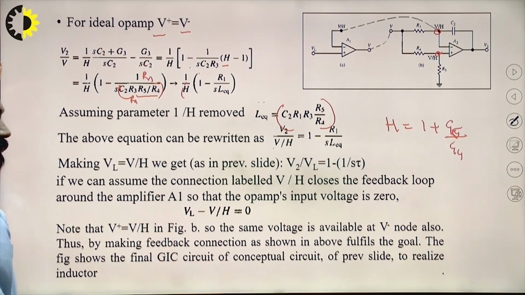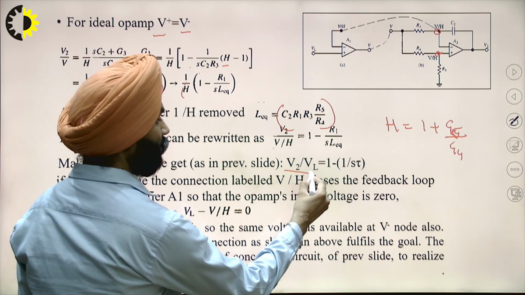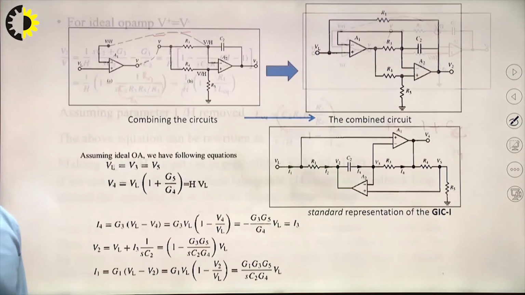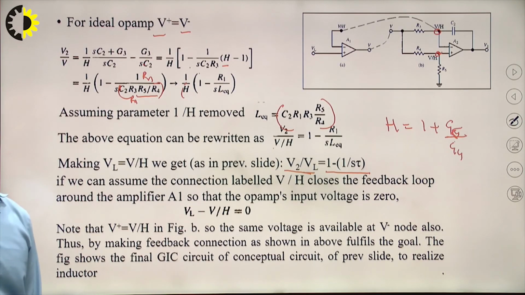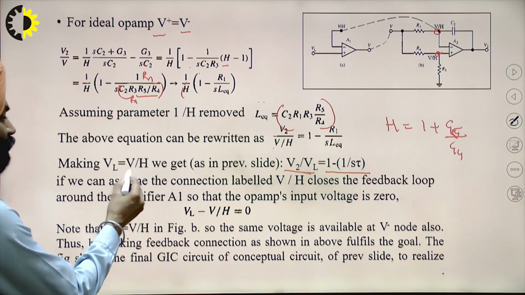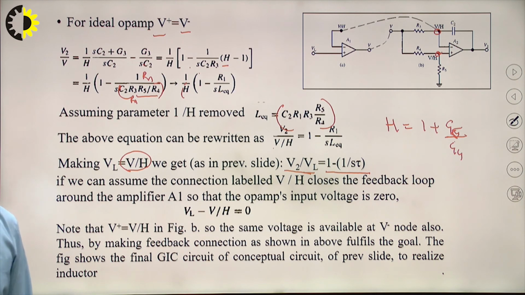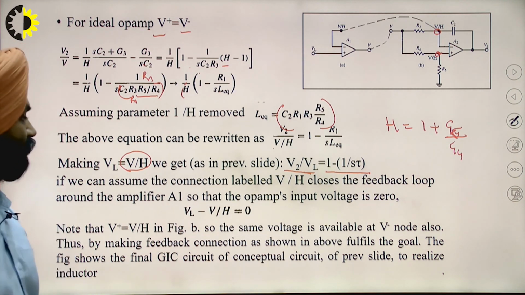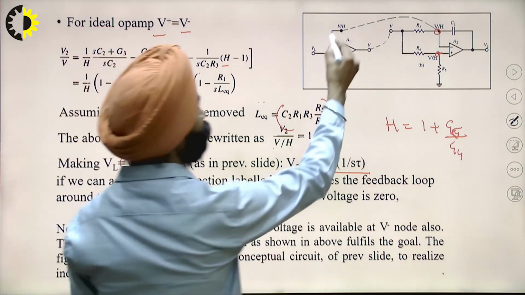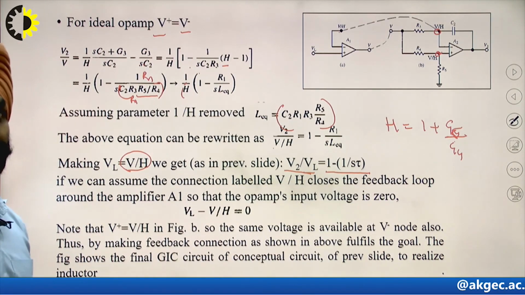So we have to make V2 by VL equal to 1 minus 1 by S tau. So we can say that we can make V by H as VL, then we can have V2 by VL, which can be created if we short VL by VH.